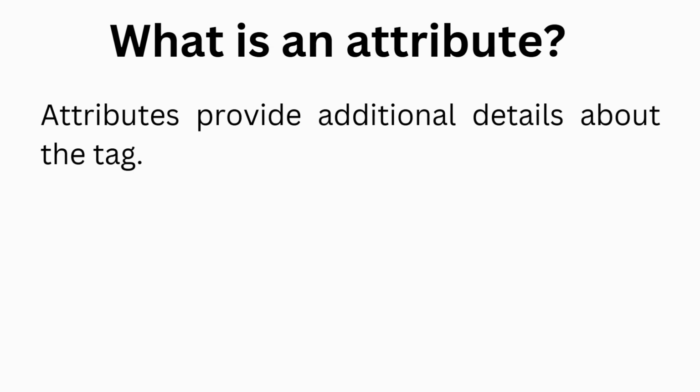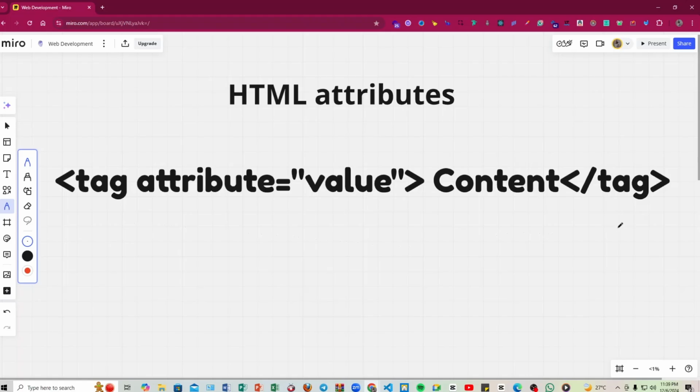Attributes provide additional details about the tag you are using in your HTML file. Let's look at an example of an attribute. To understand attributes, let's take a look at this HTML element.